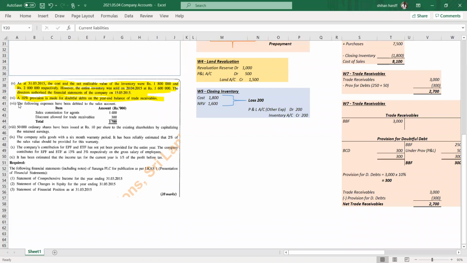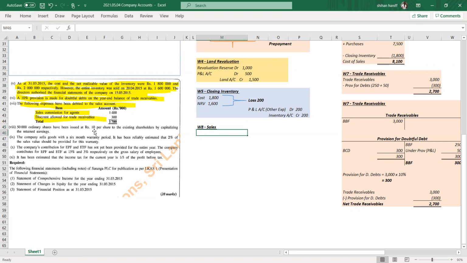Now there is an error. The following expenses have been debited to sales account: sales commission, discount allowed for trade receivables. Working number 8. Now this is an error.